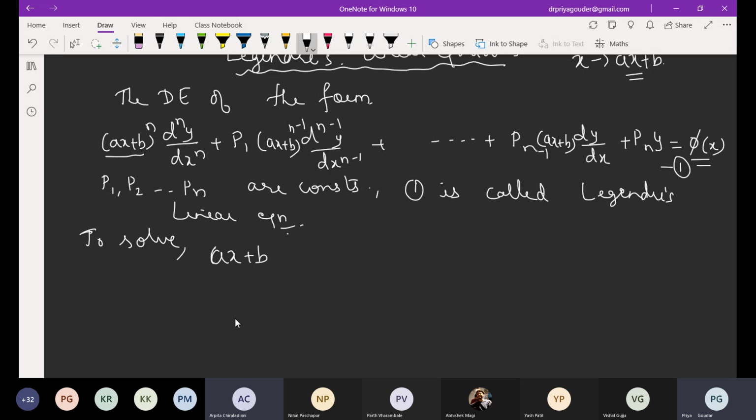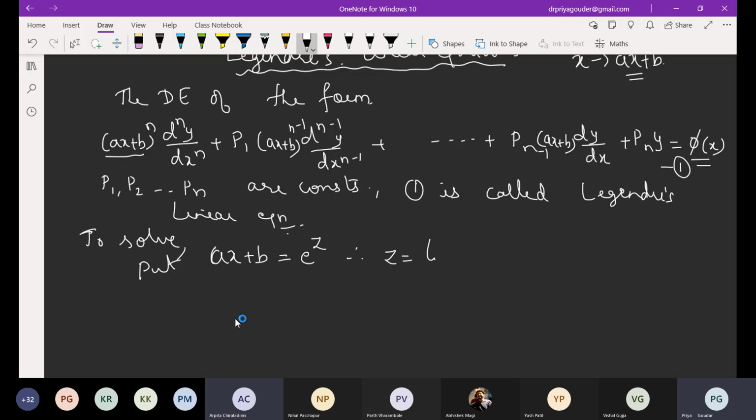Very good. So just to solve it, put this linear factor ax plus b equal to e raised to z. Did you get the comparison? It is a very easy part. If you get only x plus something or minus something, that means it is Legendre's.